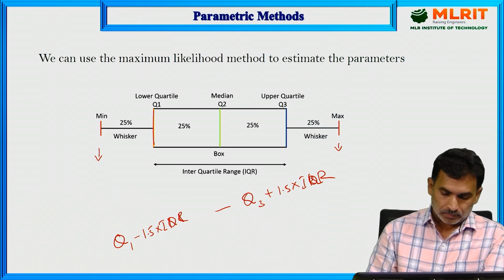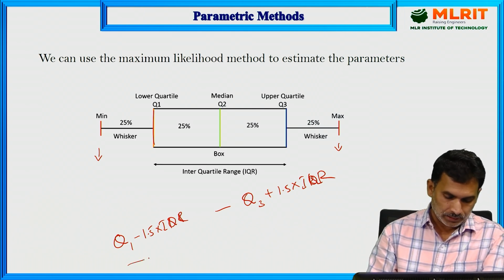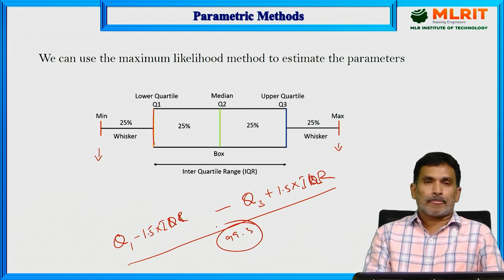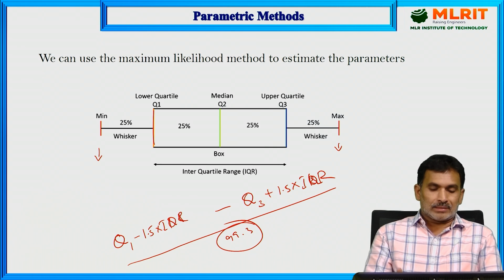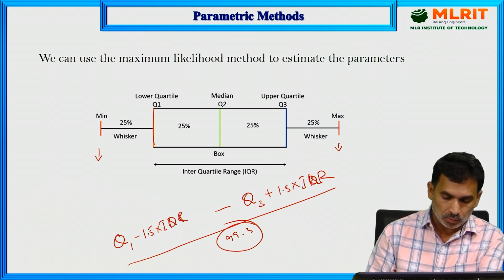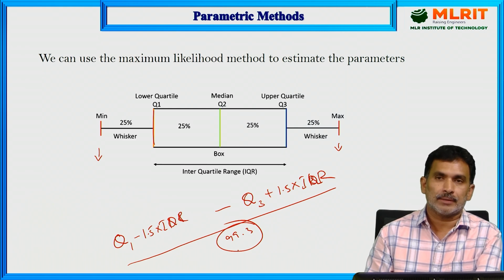So the values within this range, about 99.3% of the data, will be within this range, and the data points outside this range would be considered outliers.